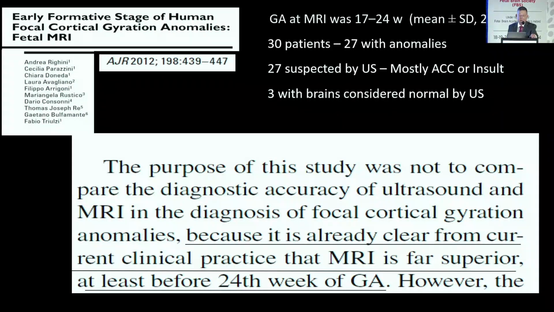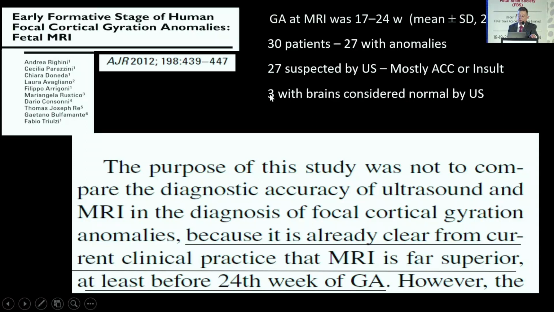Later on is a paper in 2012 by the group of Andrea, who studied fetuses between 15 and 24 weeks, at a mean gestational age of 22. There were 30 patients. 27 of them were referred because of other associated anomalies, most of them agenesis of the corpus callosum or some cases of insults.